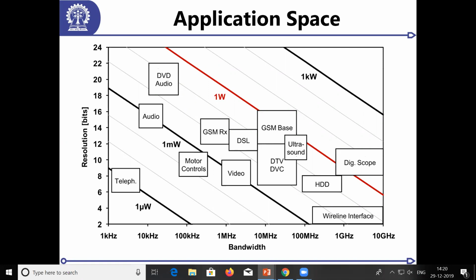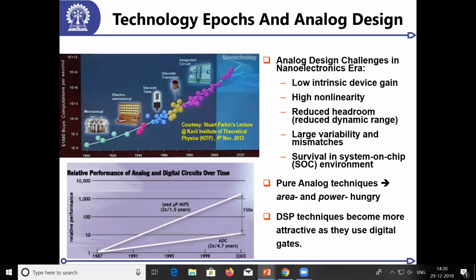To motivate the purpose of ADCs and DACs, let me quickly go through the history of how transistors have evolved, or rather how computing has evolved, to be more precise. There were mechanical computers in 1910. The y-axis over here is the number of computations, in powers of 10, so each step is 1,000 times more.